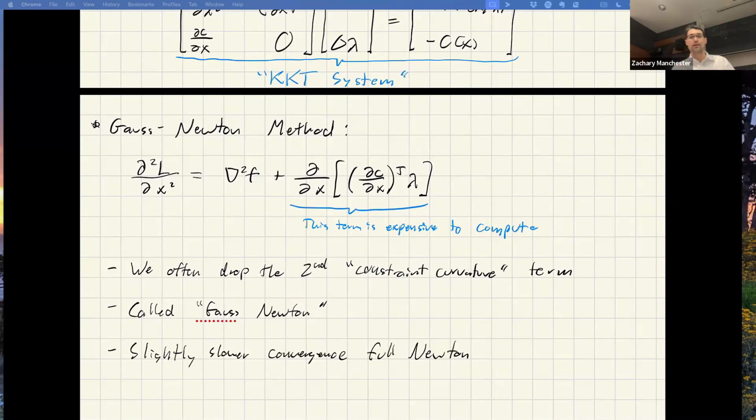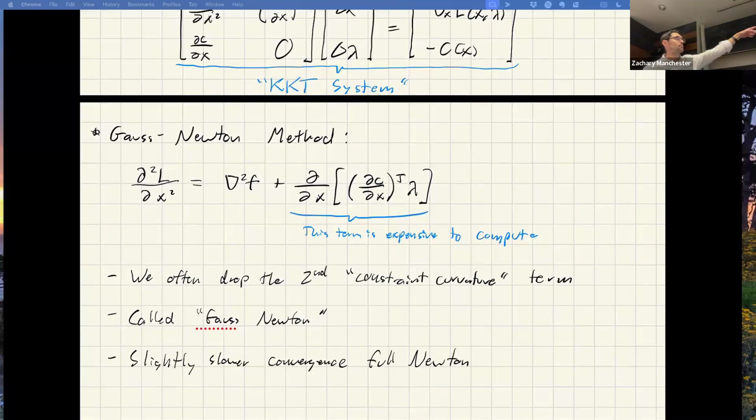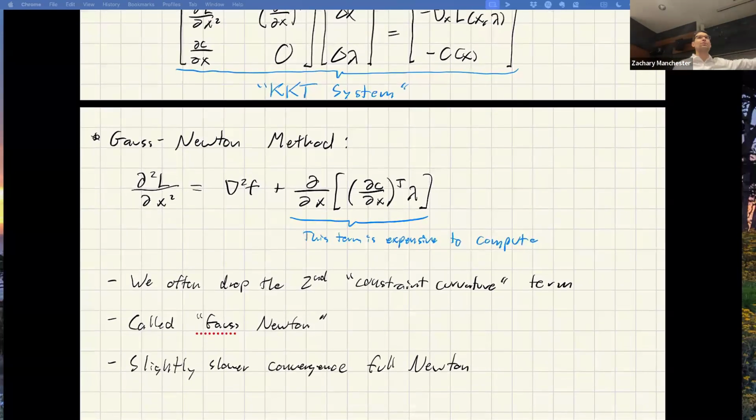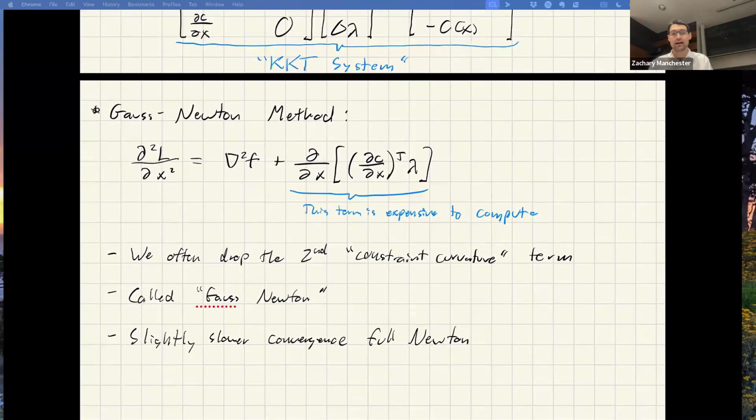But unless you're really sophisticated about implementing that computation with fancy Jacobian vector, tensor vector product tricks, it's pretty expensive to compute that. And often a Gauss-Newton method will win on wall clock time. So it'll pretty much always take a few more iterations than a full Newton method, but if the iterations are a lot cheaper, it can end up winning in wall clock time.